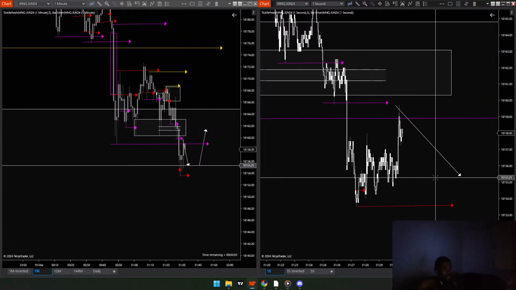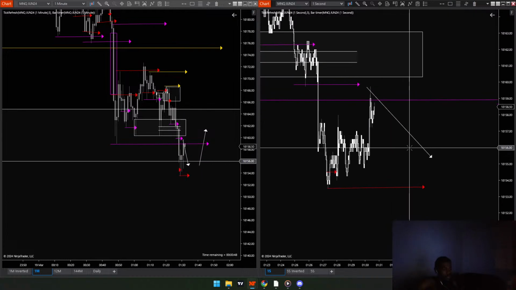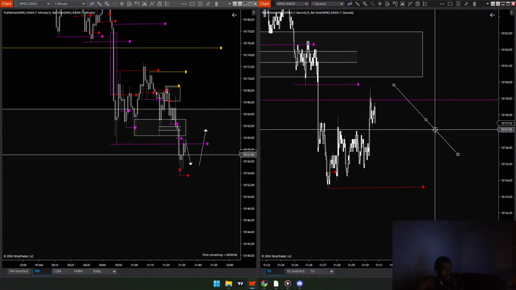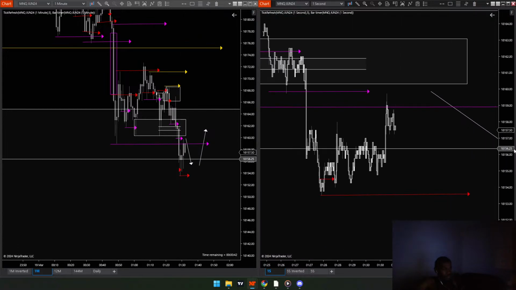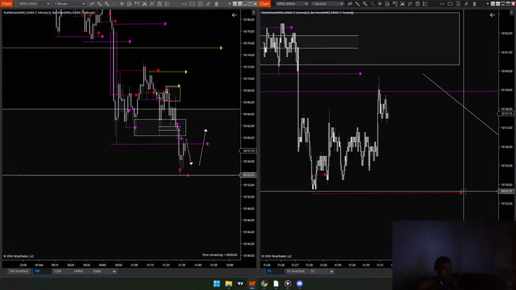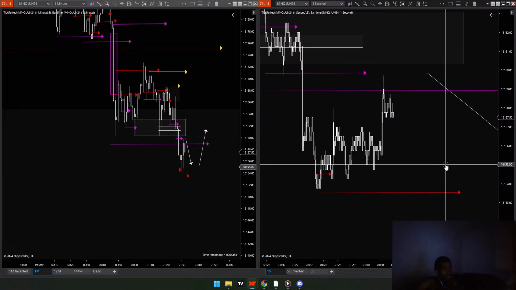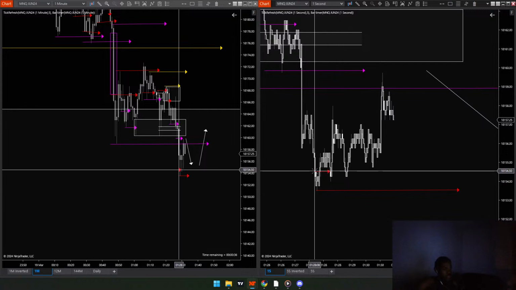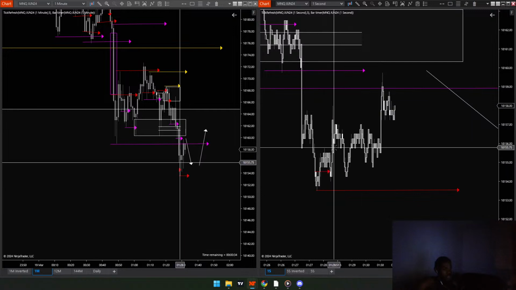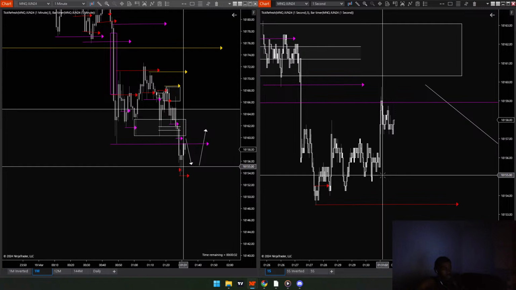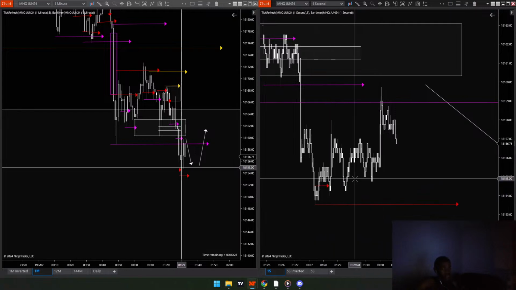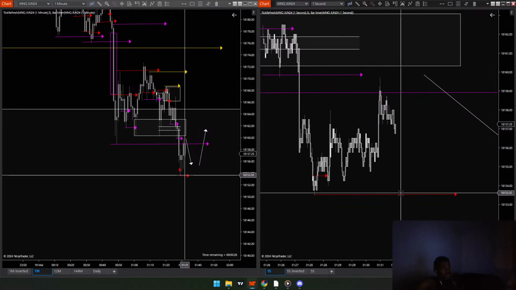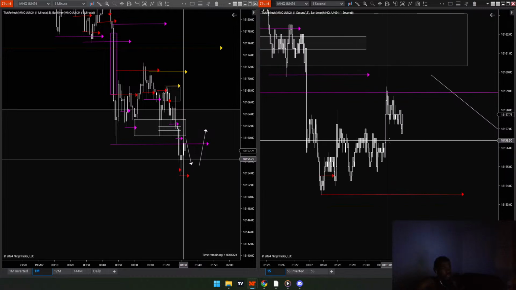I like to wait. That's me being really conservative. Because I used to take first flips and I get moves like this. But I just know that I lose more often when I take the first flip.